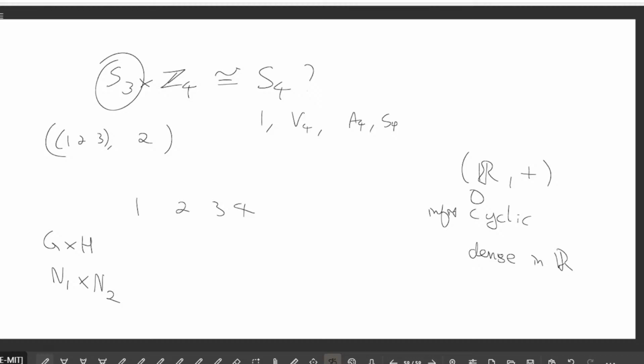That requires a bit of proof. I don't know if there is a classification of the dense ones, but these are the only possibilities. There are infinitely many, because you can take any element and generate a cyclic subgroup. So uncountably many.